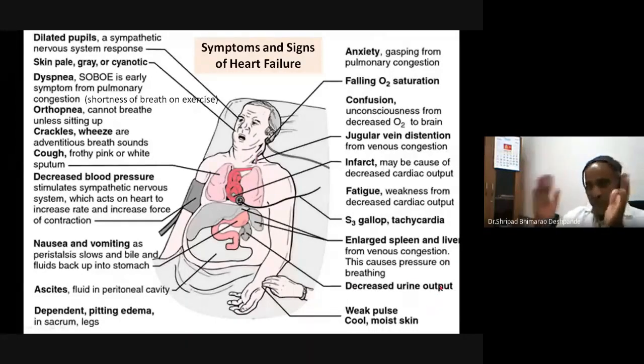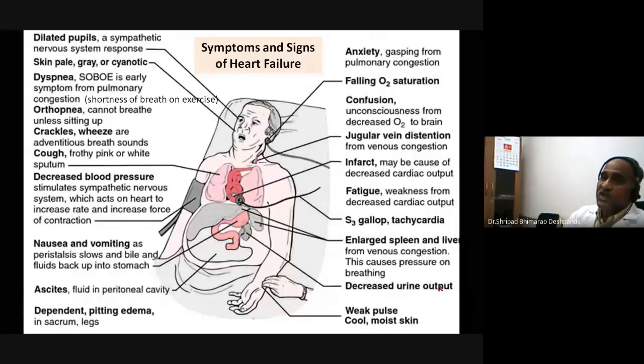So this chart gives you the entire signs and symptoms of heart failure. I have taken a little more time here, and you should look into this again whenever you have time, because this part is necessary for your general physical examination as well as the cardiovascular examination, which we concentrate on during your practical examinations.